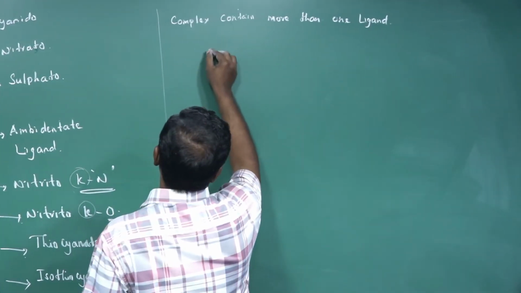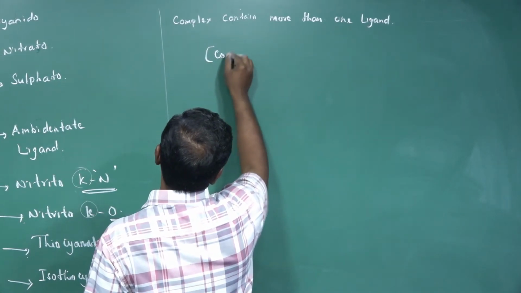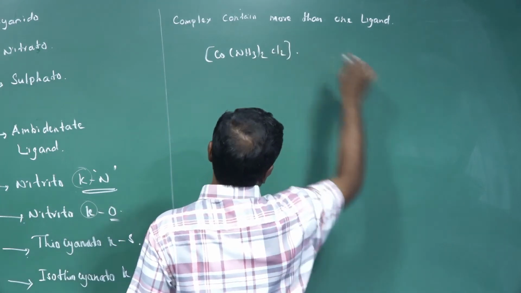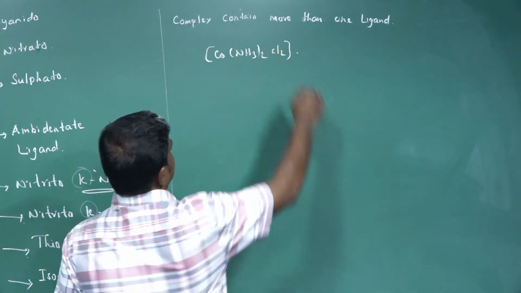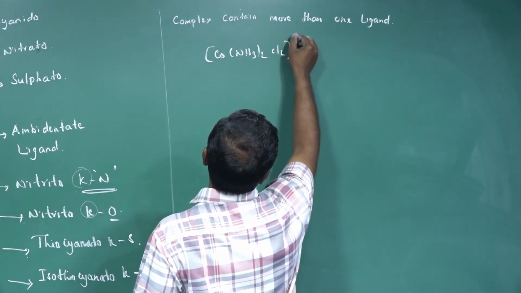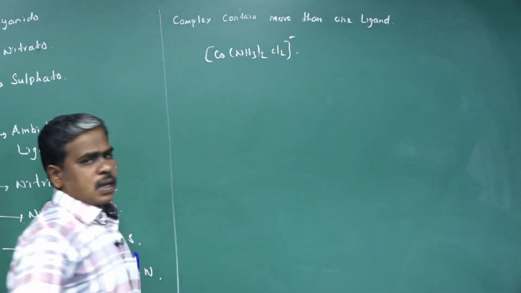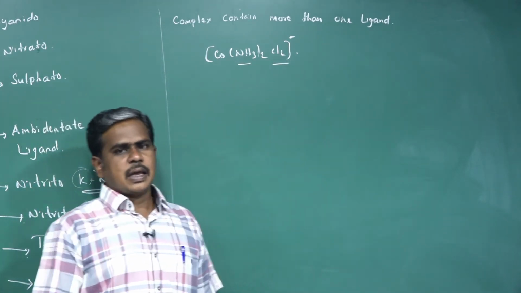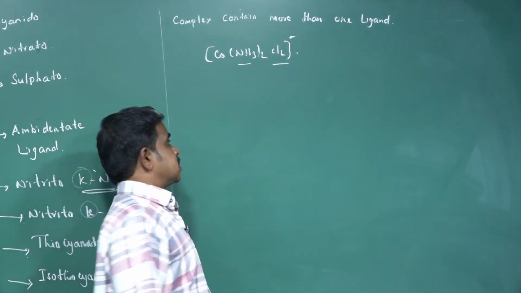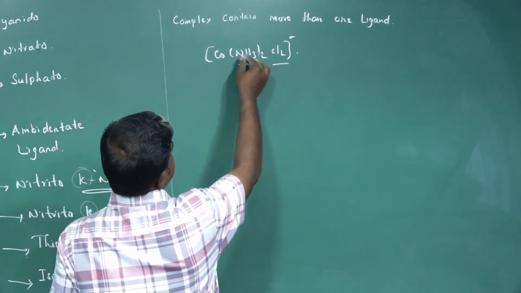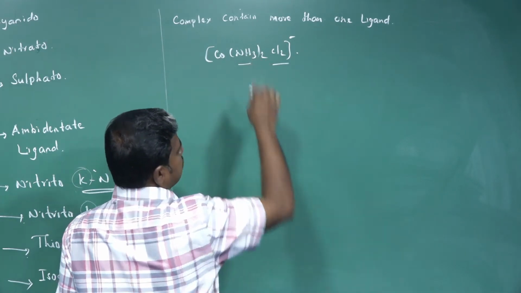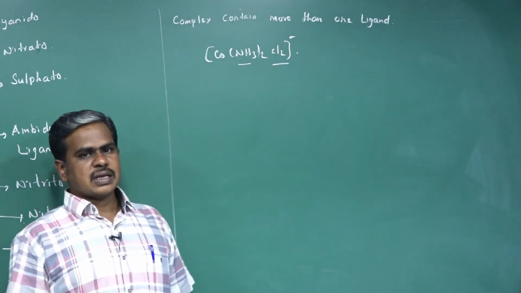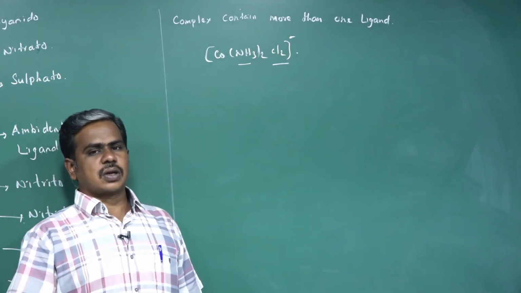Suppose here that is a CO, NH3 twice and Cl2. So here there are two types of ligand, then it is a heteroleptic complex. In any heteroleptic complex, it is named as ammine and here we name it chloro. Which one comes first? It is ammine first and after that chloro.